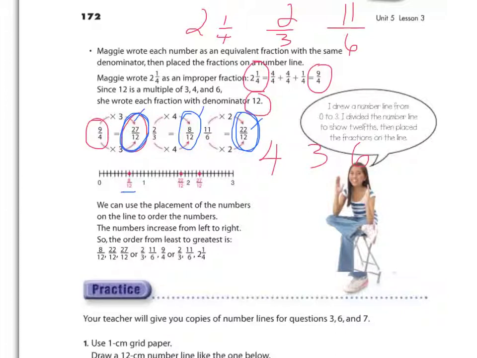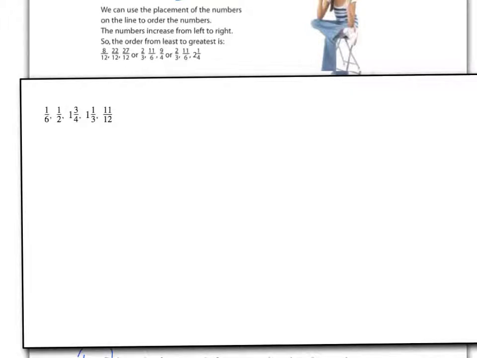And because they all have the same bottom number, I only have to compare the top number, which I find the easiest thing to do. All right, you're going to do some to practice. So let's start with these numbers here. Press pause and compare those on your paper using whichever strategy you prefer.